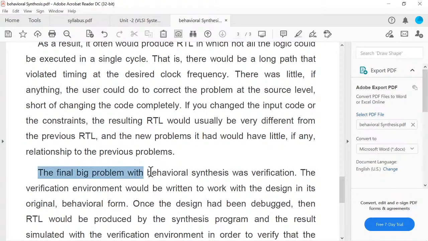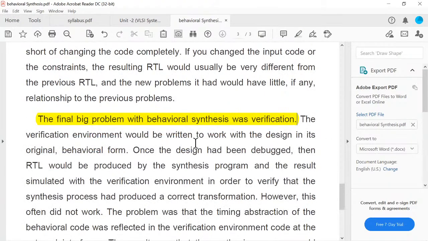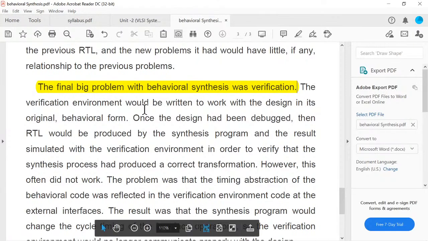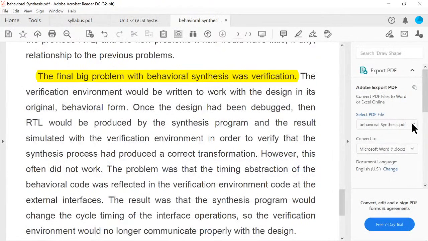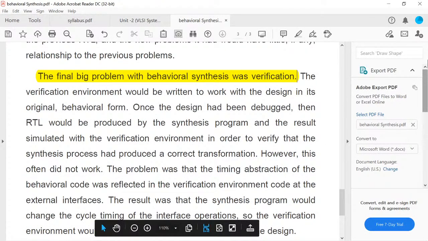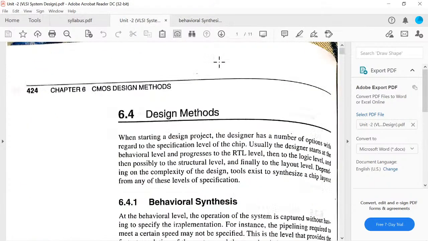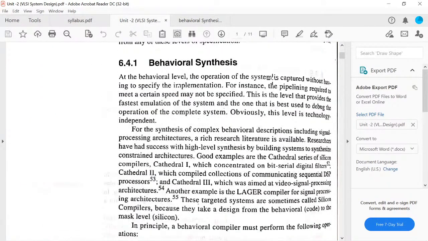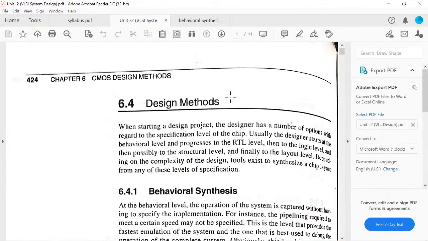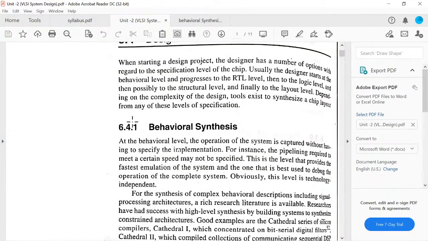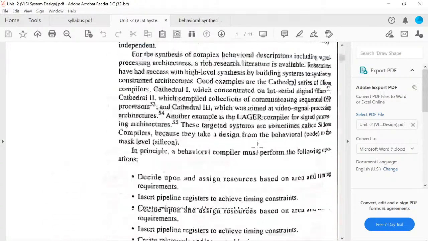And the problem that occurs in behavioral synthesis is verification. All the theoretical part related to verification in behavioral synthesis is mentioned in this paragraph. You can easily check it out. Okay, so this one in your Neil Weste book is your behavioral synthesis part.